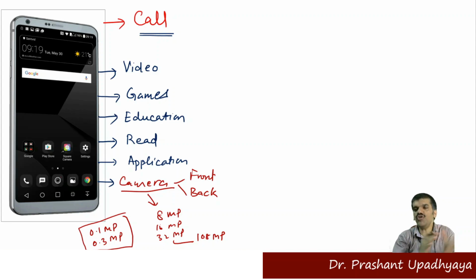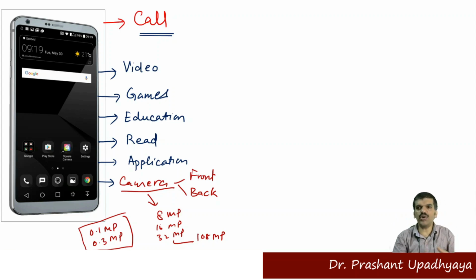Now very few people are using those cameras, only people who love photography, or those who are interested in making video recordings. But most of us are using our mobile phone as a camera.